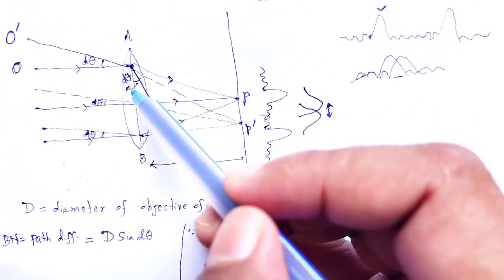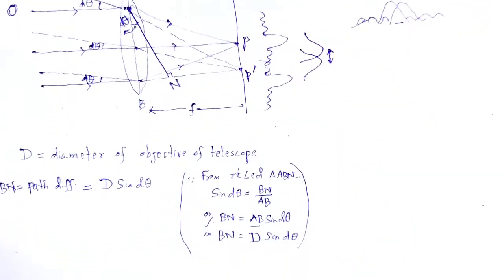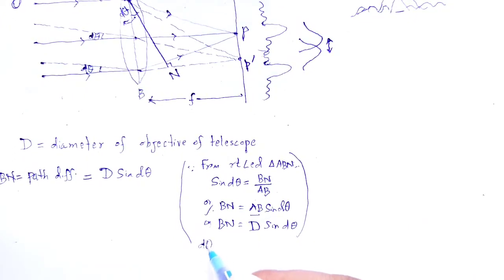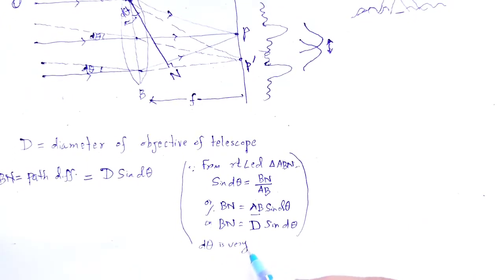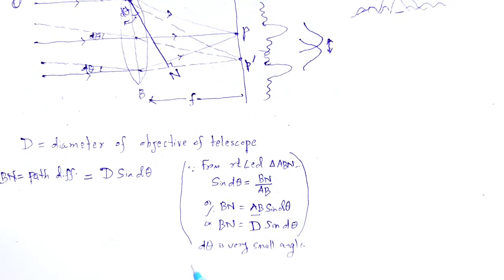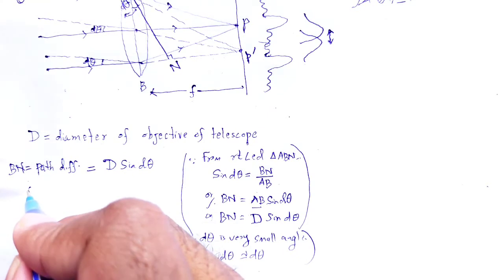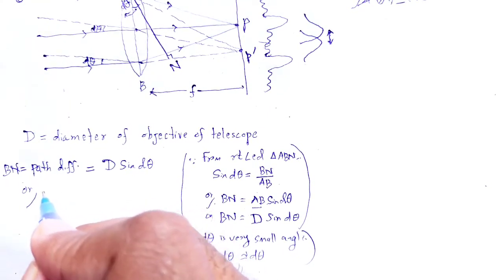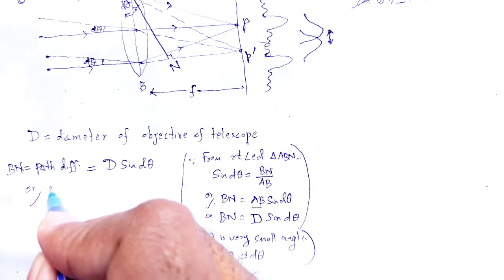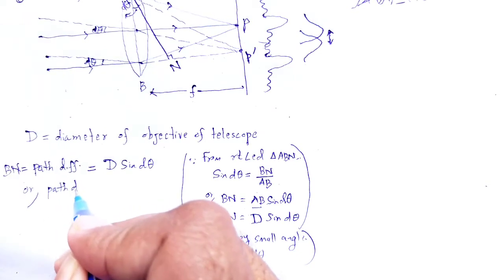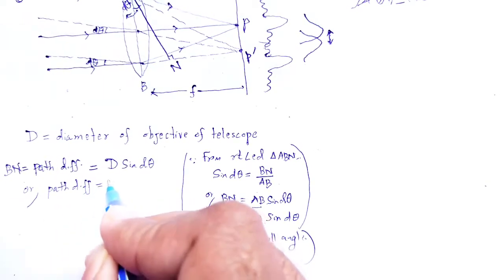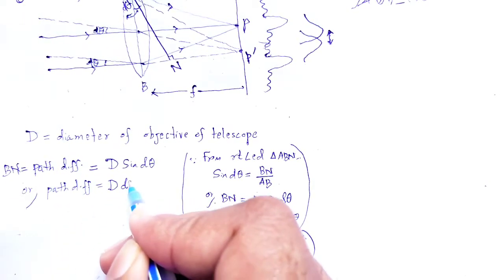Since d theta is a very small angle, sin d theta is nearly equal to d theta. Here we have the path difference Bn equal to D into d theta.